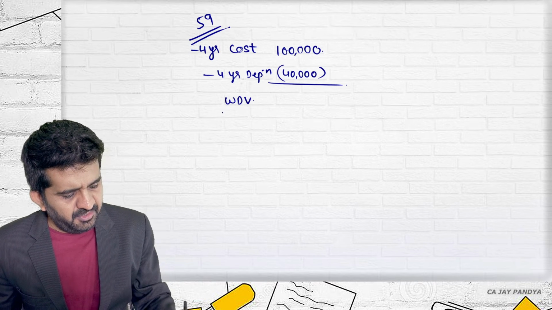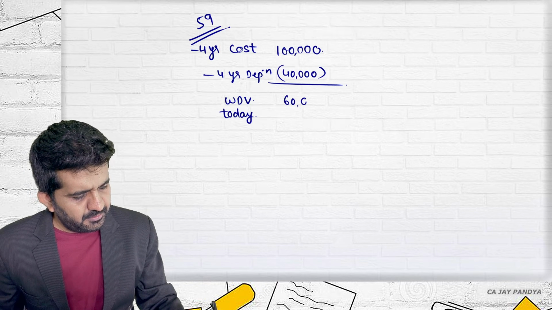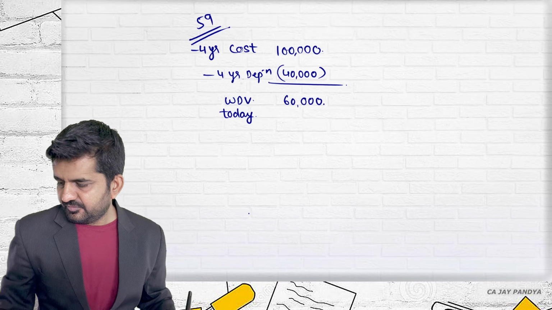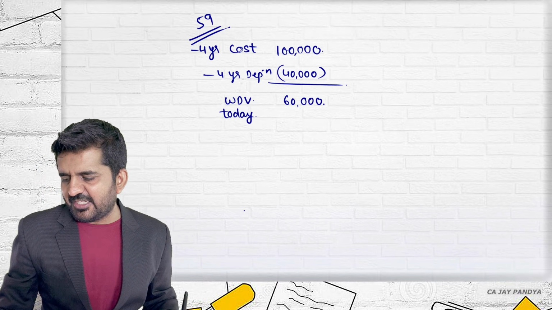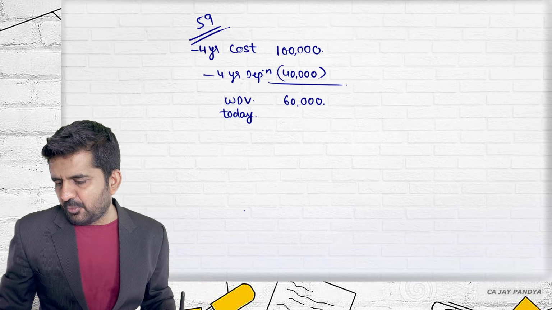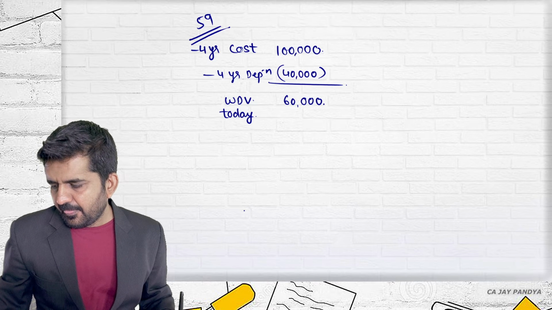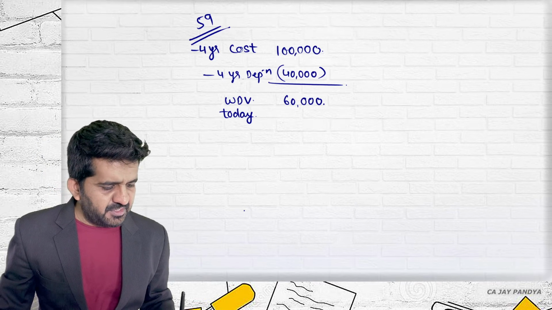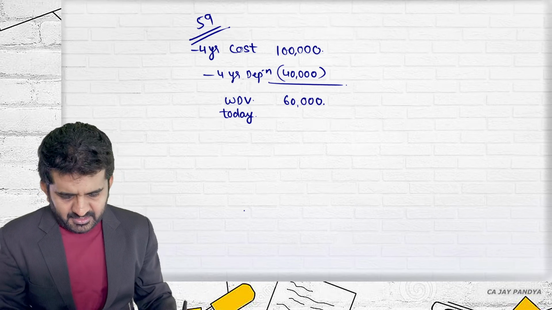And WDV today will be 60,000. This year, the management reviews the estimated life and decides that the asset will be probably useful for a further 4 years, and the total life is revised to 8 years. All right. Now, how many years are still pending?